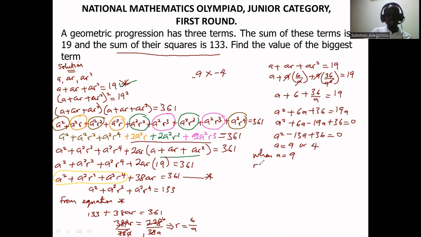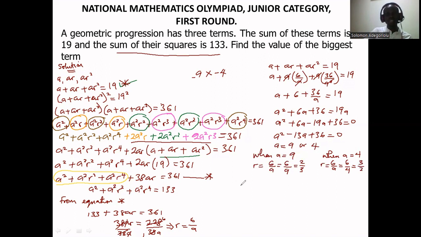Then we have R is equal to 6 over A, which will eventually be 6 over 9. And when you divide this to lowest term, what do you have? You have 2 over 3. And here, when A is equal to 4, R is equal to 6 over A, which will be 6 over 4. And reducing this to lowest term, we're going to have 3 over 2. So this is what we have.